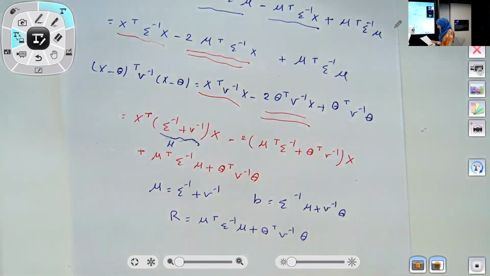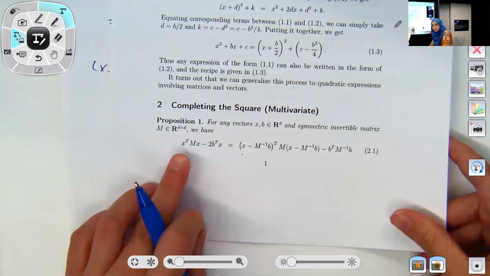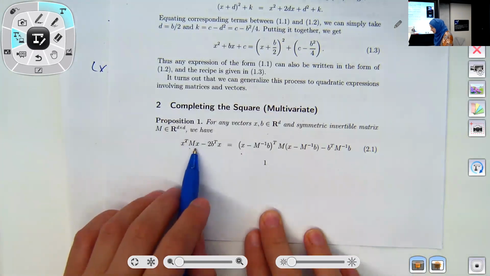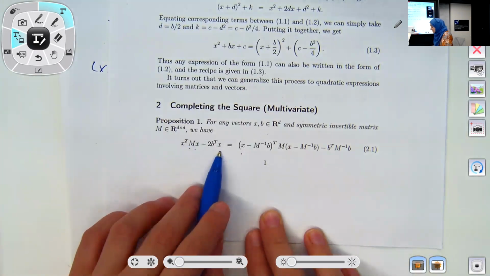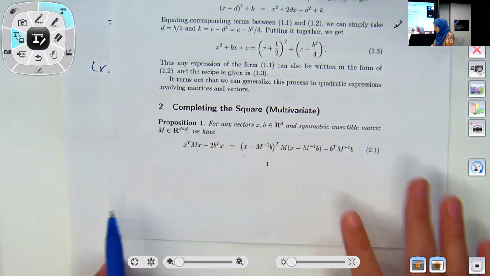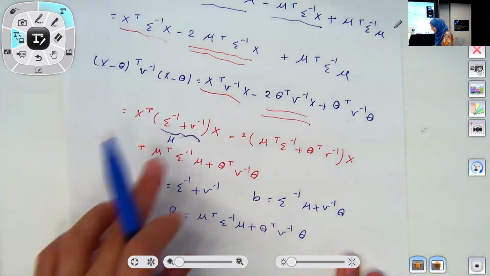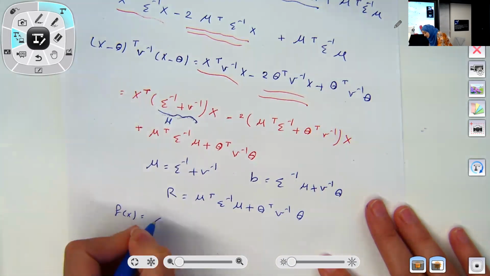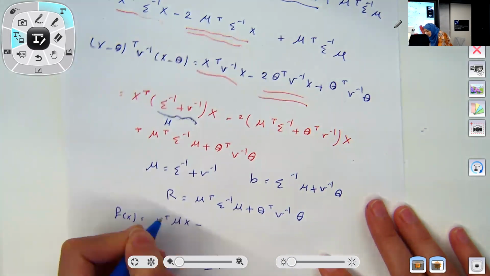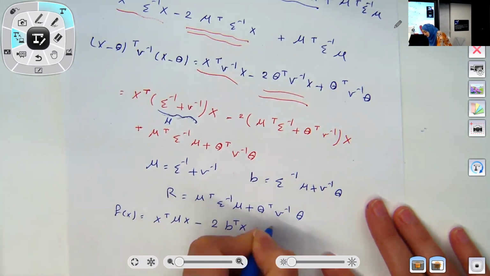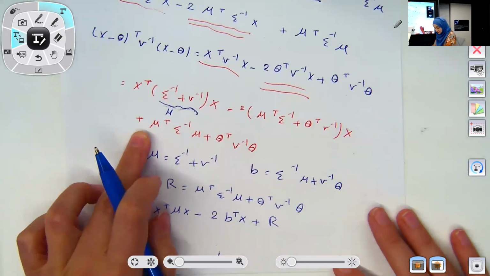Now we can use the formula which you proved in part A. This formula says that if we can write x transpose M x minus 2 B transpose x, you can expand it by this formula. So if we write our formula here, you will get x transpose M x minus 2 B transpose x plus R. This is a constant, the last part.